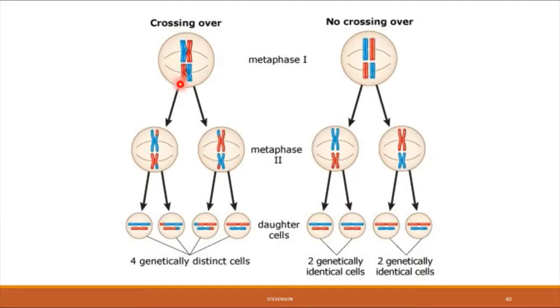And the cell that undergoes crossing over actually ends up with twice as many genetically distinct gametes compared to the cell that doesn't undergo crossing over. So you get 2 times the diversity out of this when you're talking about an organism that has 4 total chromosomes here.